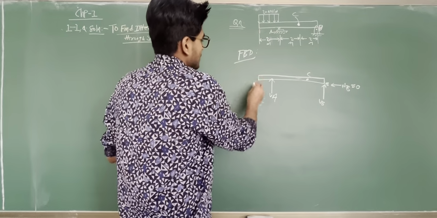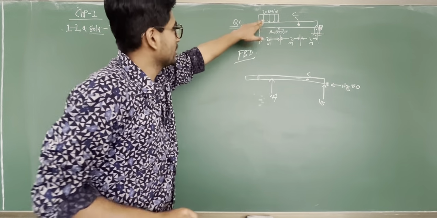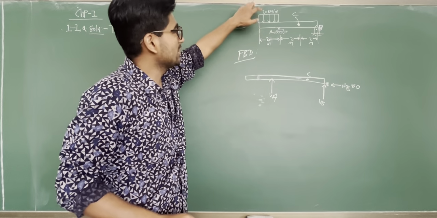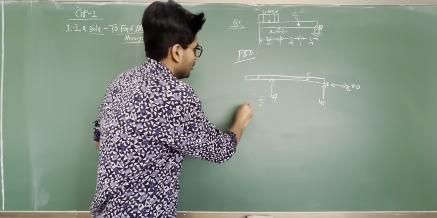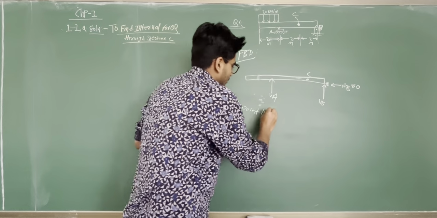Since we have a UDL of 20 kilonewton per meter over here, I already told you the formula to find the point load. My writing is not very good, so I will write PL for point load.